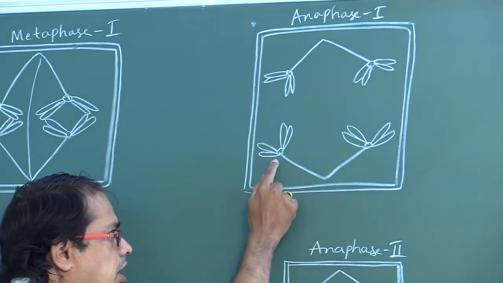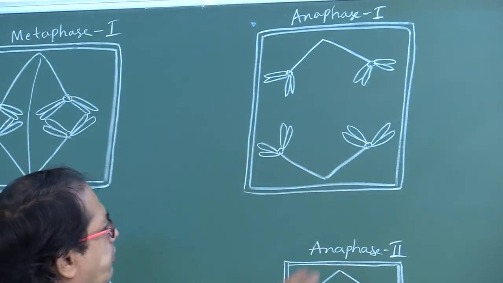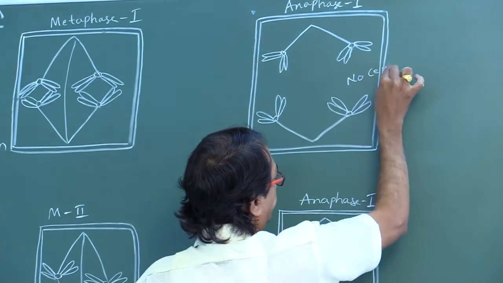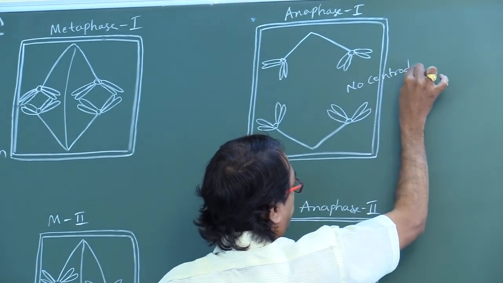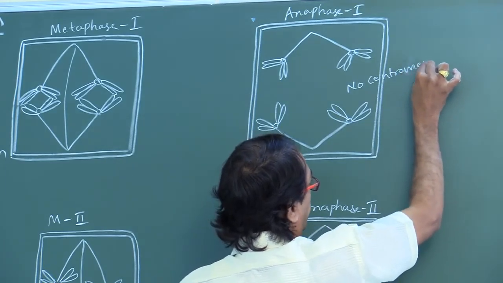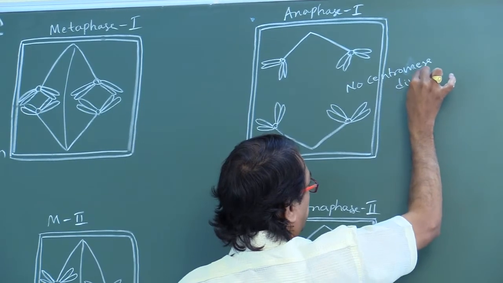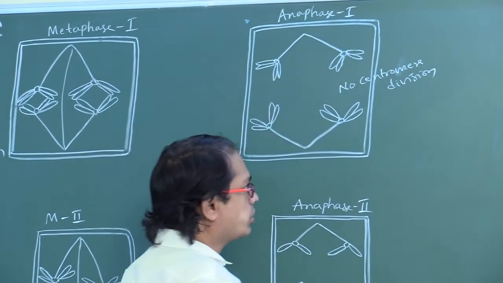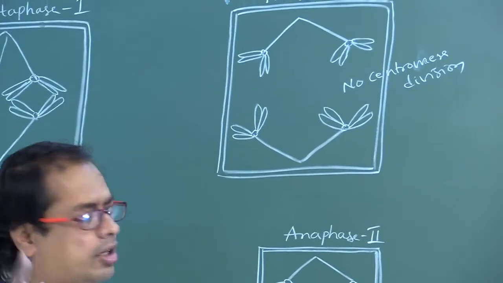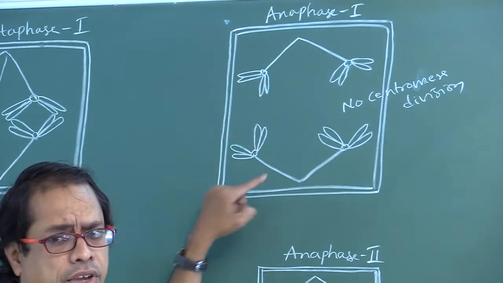There is no division of centromere. So the centromere does not divide in anaphase 1.